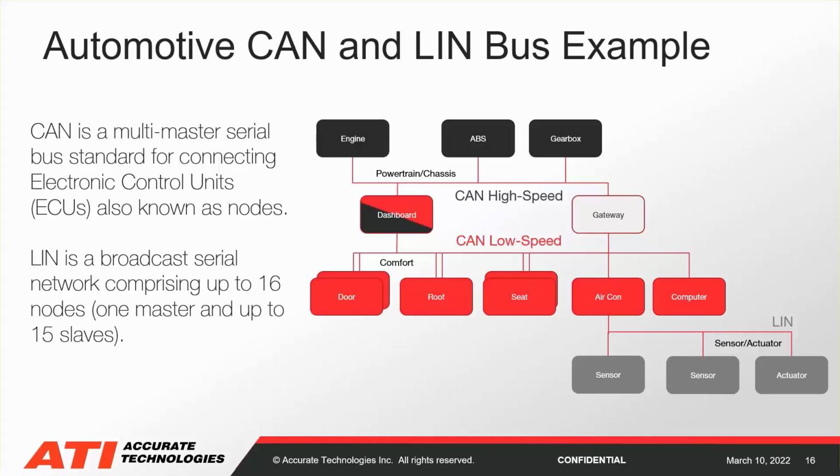LIN is actually driven off a master which receives information from the low-speed or high-speed bus through a gateway, then converts those messages down into a LIN message for broadcast on the LIN bus and action and response by the various sensors and actuators.